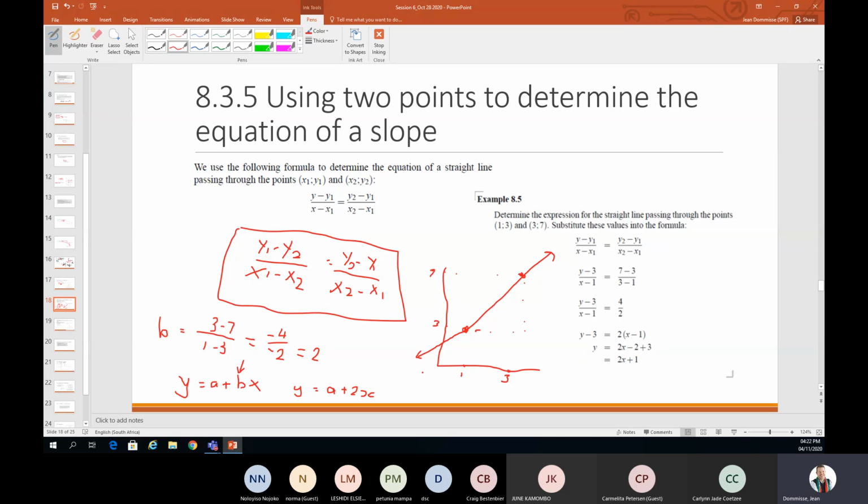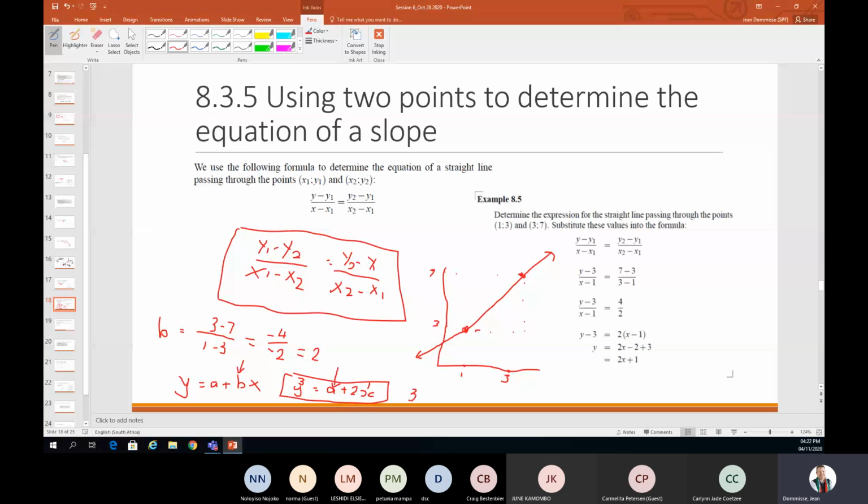And then I've got 2 points that I can put into this equation to solve for a. So this is one method, and this is another method. So let's put in (1, 3). So 1 is your x and 3 is your y.